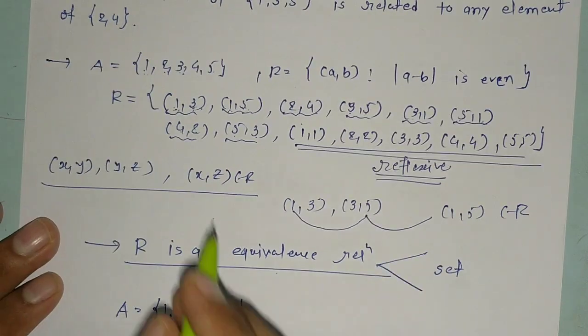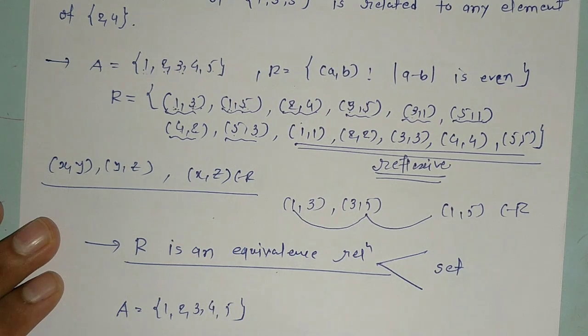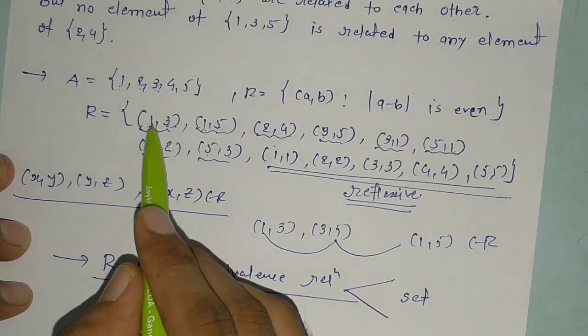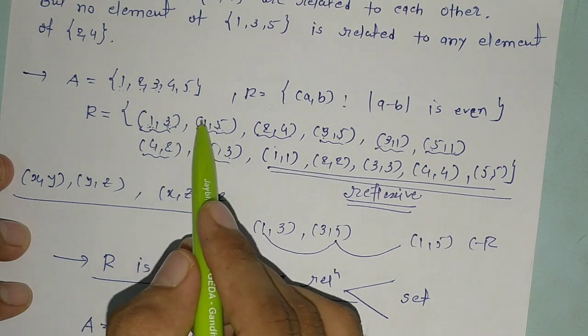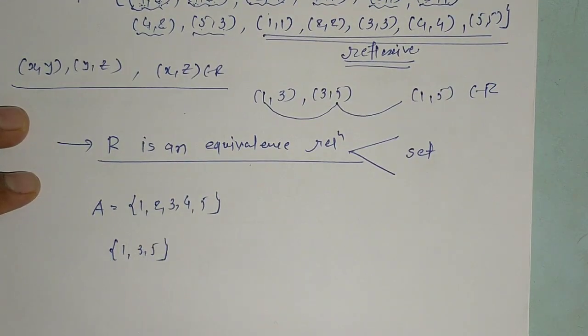So I am putting them in a set. So 1 comma 3 comma 5 is one set, as 1 3, 1 5, and these three elements are in relation. So odd numbers are in relation.